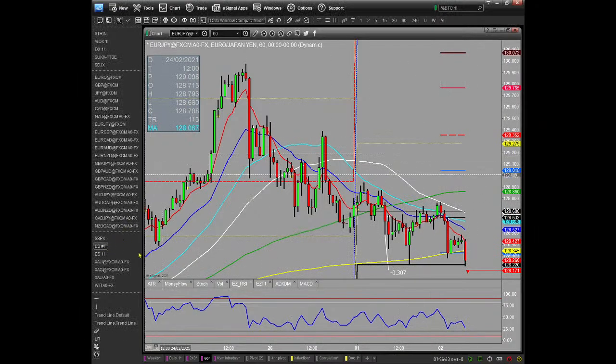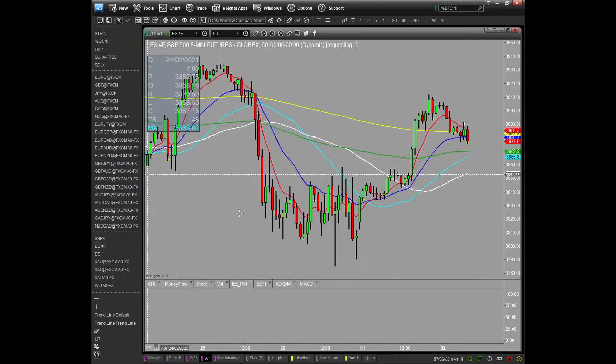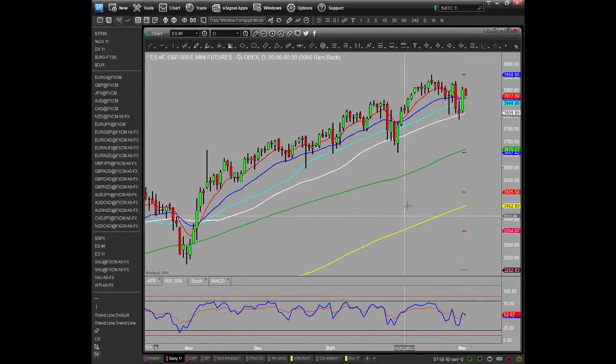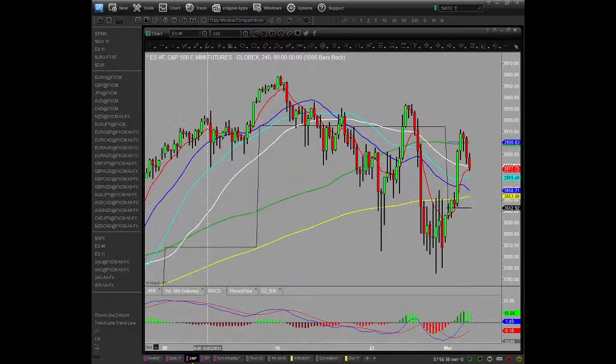Okay, S&Ps. Quick look at the S&Ps. What's happening here? Again, we're seeing softness possibly. Yesterday it did manage a bit more of a bounce. This threat of the yields or whatever else is certainly not helping the US market too much, but it did eventually turn around and push up yesterday.